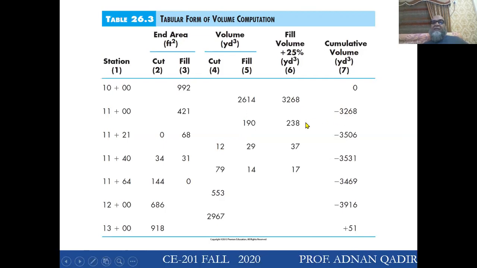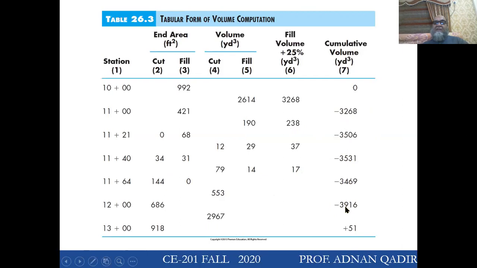Then minus 3268 minus 238 becomes minus 3506, minus 3506 minus 37 becomes minus 3531, and so on. I'm taking the difference, right? So this is how you calculate the values.